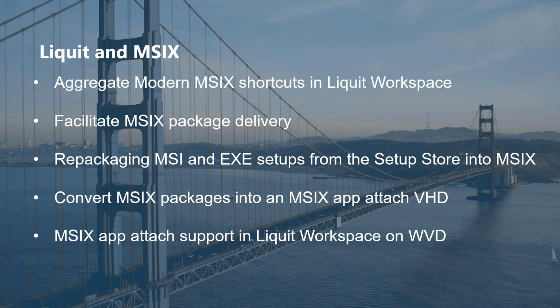We facilitate deploying that MSIX package in exactly the same way, copying it to a local drive, regardless where the Windows 10 box is. And for those applications for which there's no MSIX yet, we use the Microsoft MSIX packaging tool in a smarter way to convert these setups to MSIX.